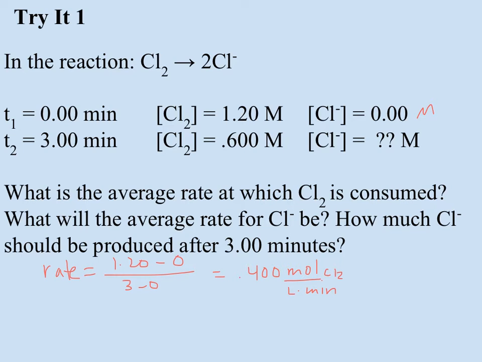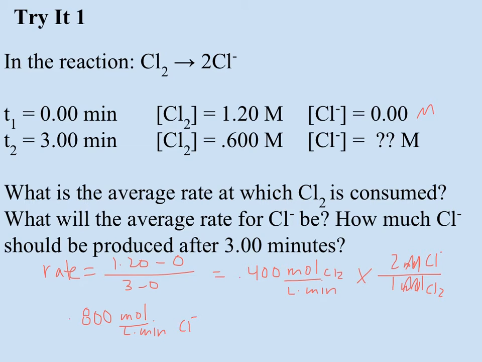And so looking at my reaction, I see that I should expect to get 2 moles of Cl minus for every 1 mole of Cl2, or actually I could say moles per liter, you go with the concentration here. So I can expect that my reaction rate is 0.800 moles per liter minute based on the Cl minus.